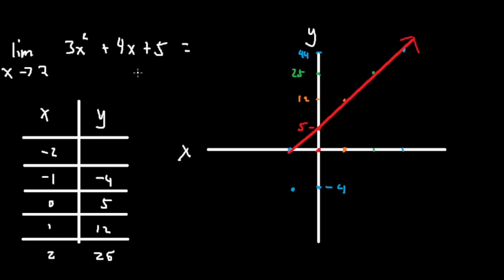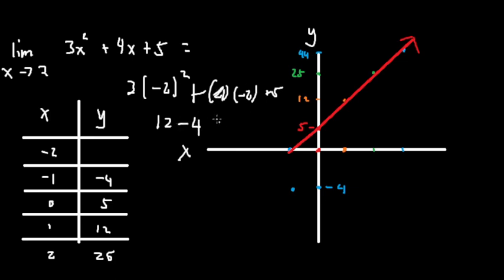So negative 2, we just substitute negative 2. 3 times negative 2 squared plus 4 times negative 2 plus 5. So negative 2 raised to 2 is 4. So 4 times 3 is 12.